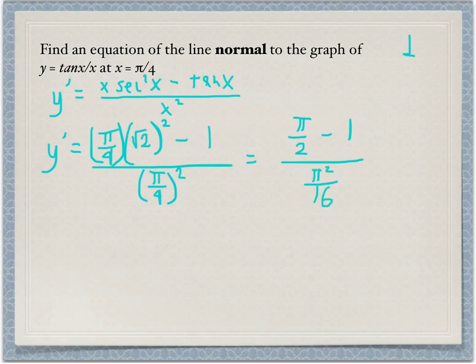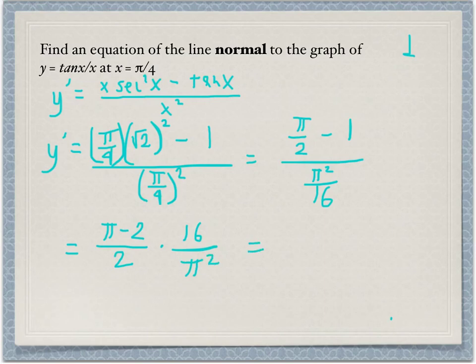Again, I'm just doing all this just to find the slope. And again, we might stop there for today. Pi over 2 minus 1. Remember, if I'm writing that as one fraction, I could write it as pi minus 2 over 2. That was writing this as 2 over 2. And then if I'm dividing, it's like multiplying by the reciprocal, so I could multiply it by 16 over pi squared, like that.